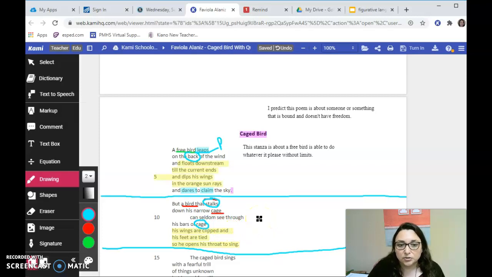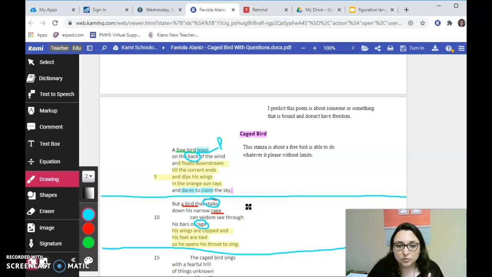And now I want you to pause and think about this. What are the differences that you see between the two of them? Do you think that the author is still talking just about birds, or can the birds represent something else? Look at how the bird in the cage is acting, the boundaries it has, right?